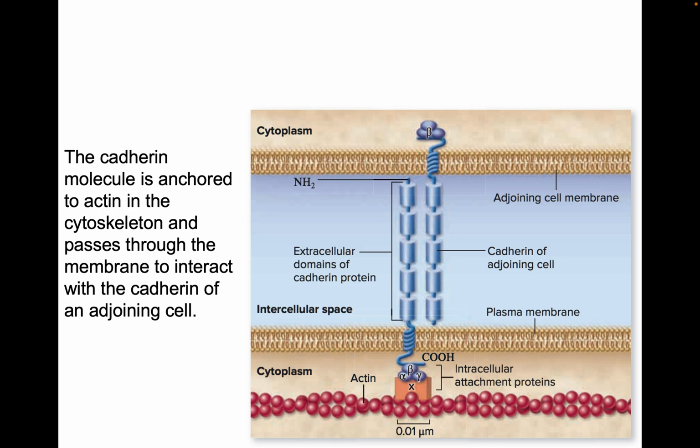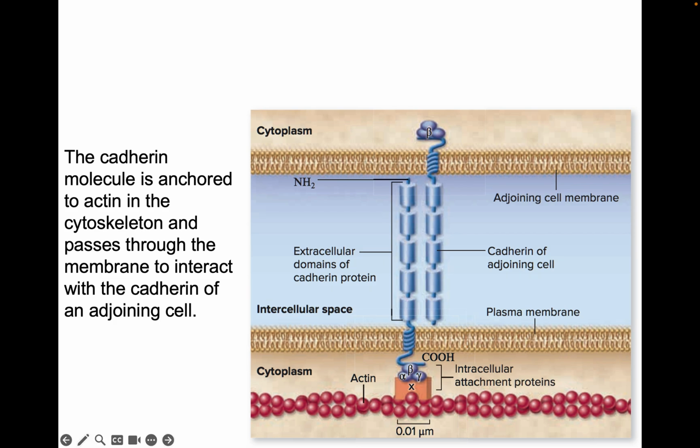These are big proteins in the plasma membrane that are connected to the cytoskeleton, in this case to actin. It connects to the cadherin of an adjacent cell. So here is one cell and cell two, and the two cadherins connect to each other. These cadherins are connected to actin, and to the tubulins. That's how the cytoskeletons of these two cells are connected through the cadherins.